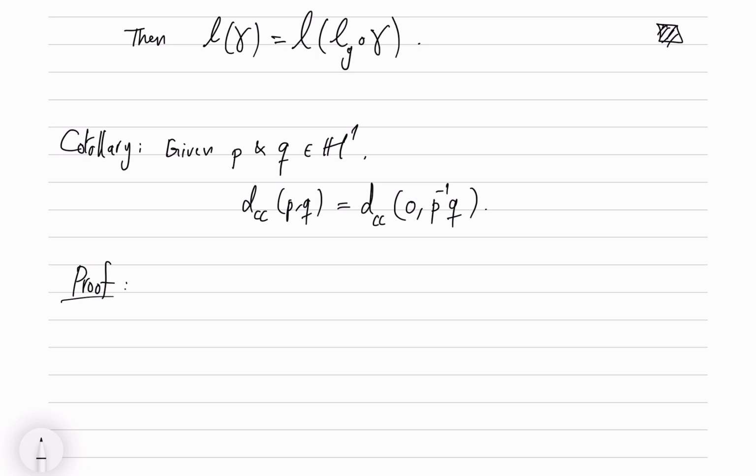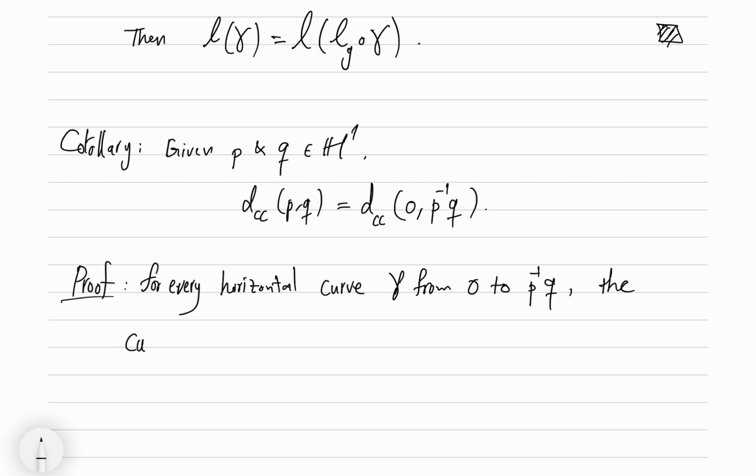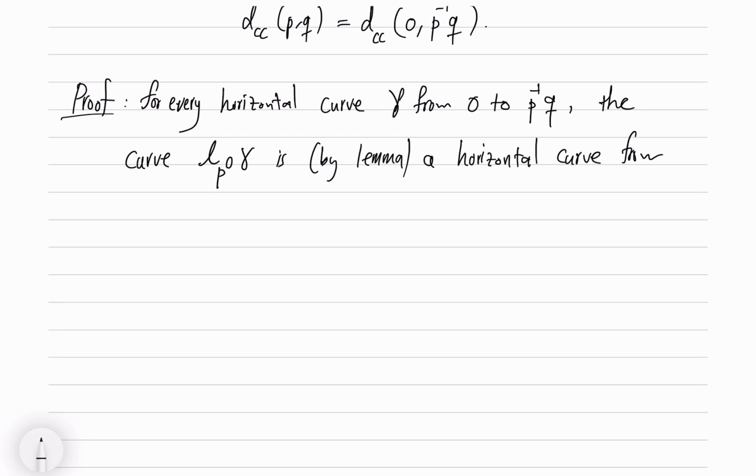So for every horizontal curve gamma from 0 to P inverse Q, the curve LP of gamma is, by the lemma, a horizontal curve from, well, the ends will be multiplied by P. P multiplied by 0 is P, and P multiplied by P inverse Q will be Q. So it will be from P to Q with the same length, equal to gamma.